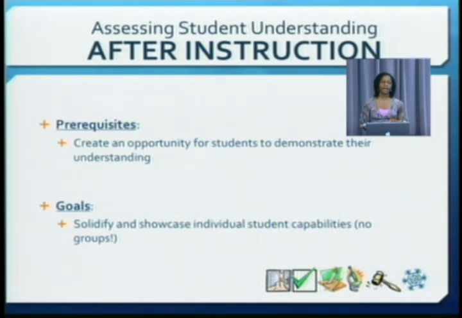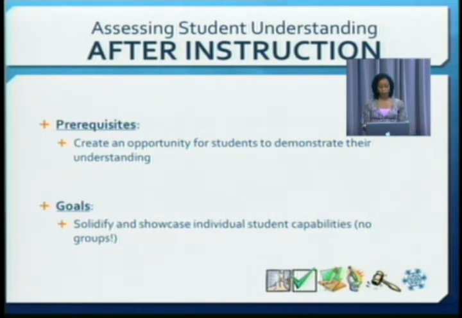So if I'm saying by the end of this course, you need to be able to, again going back to anatomy and physiology, identify and discuss the function of the muscles in the body, then how can I create an opportunity that's going to force them to do that?